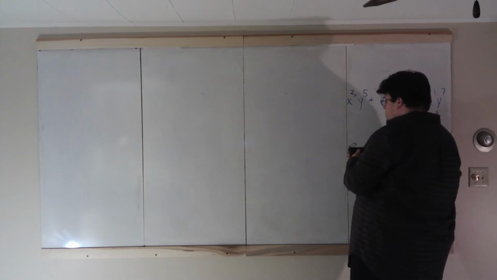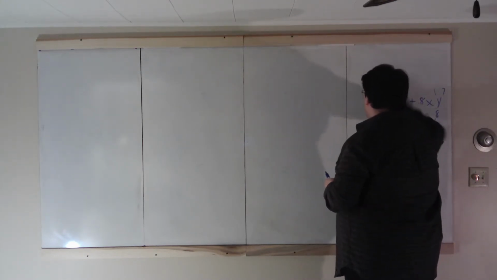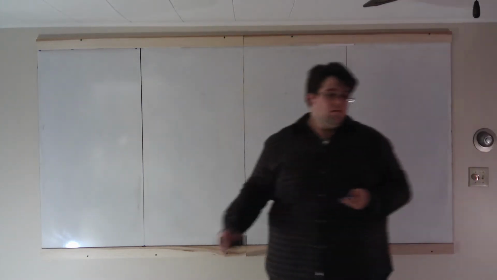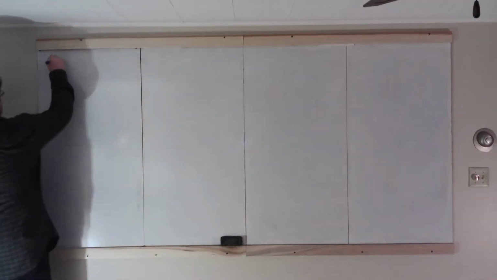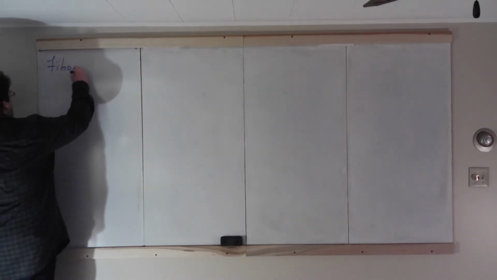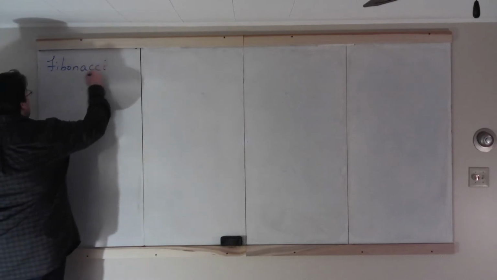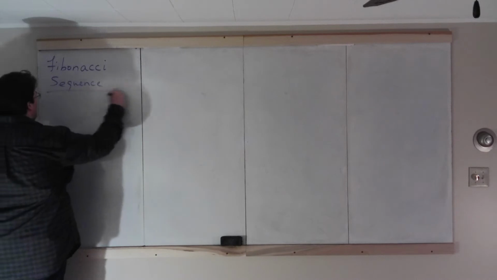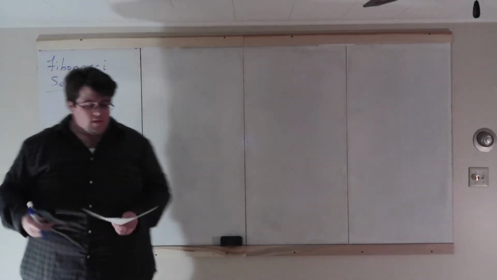Let's look at one more example of something defined using recursion. It's also something you may have seen before. The Fibonacci sequence. The Fibonacci sequence is a sequence of numbers.